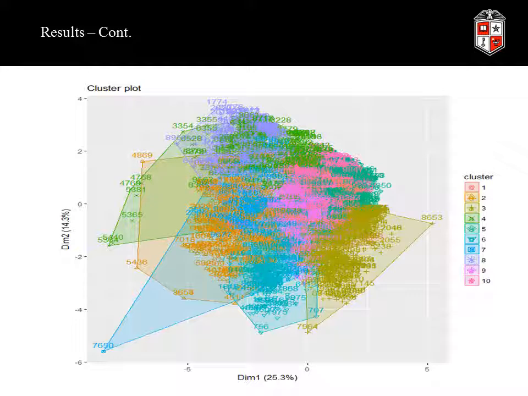So the result is a dense plot or dense data set where, though we have 10 clusters out of this data set, they are not very well distinguished or do not have very well-defined boundaries between each other.